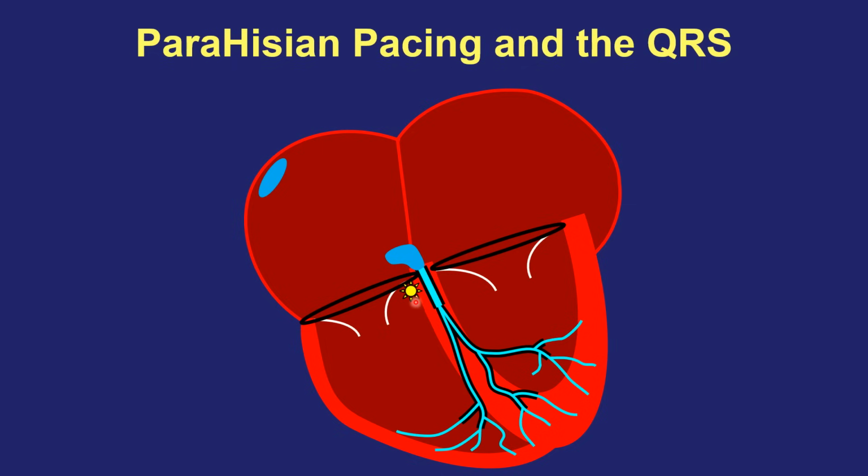Likewise and conversely, the same insulating fibrous tissue prevents signals from going into the His bundle and the proximal bundle branches sideways.